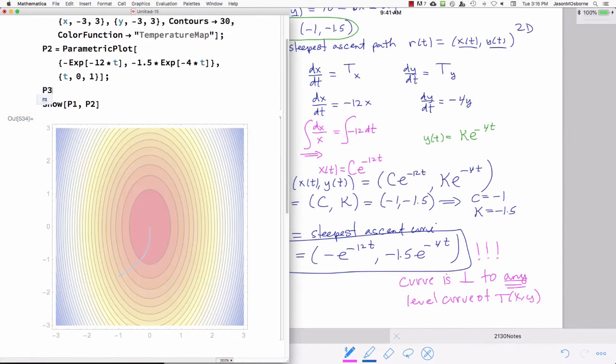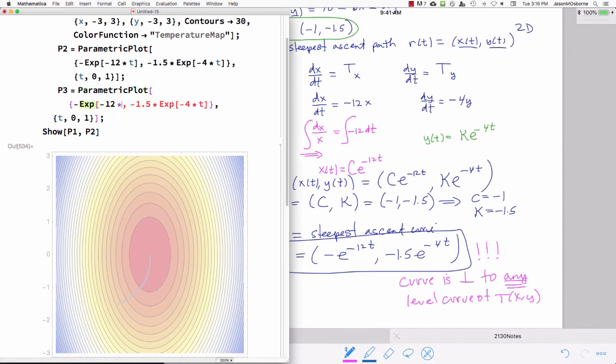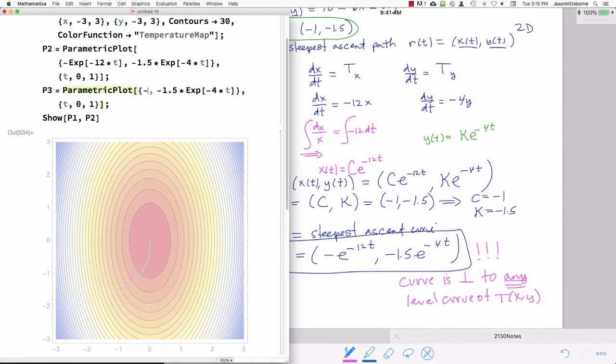Any sort of deviation from this path, if you use some other path, P3, let's do a parametric plot. Any other path you pick, say maybe one that goes through the point -1 + 2 times t, and -1.5 + 3 times t. Put P3 on here.